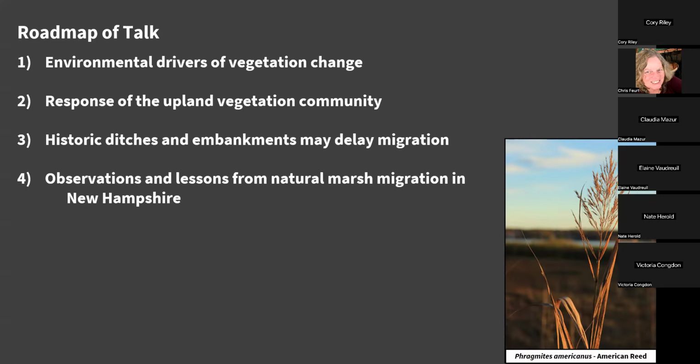One was environmental drivers of vegetation. So how are the soil and hydrology conditions changing in the upland that will allow for salt marsh migration? The response of that vegetation community in the upland to those changing environmental conditions, and maybe how different obstacles might be presented that might delay marsh migration.